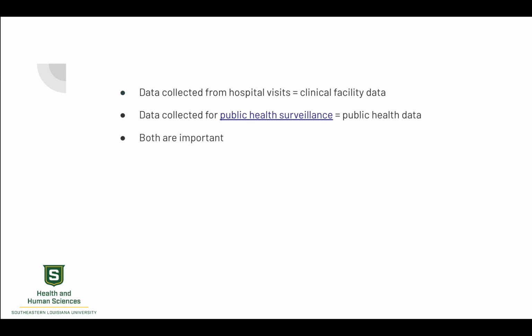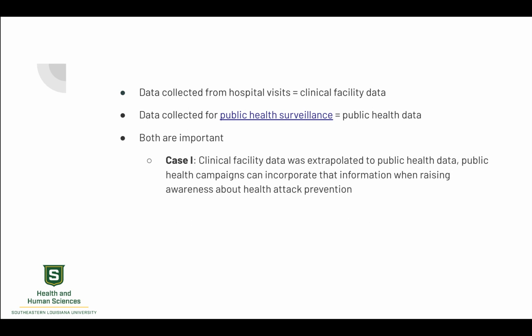At the end of the day, both types of data are very important, and you can have them both working hand in hand. With case one, the one with the Mediterranean diet, the information may be coming from a clinical facility, but it can get extrapolated to public health, whereby you can have public health campaigners use that information when they are trying to raise awareness about preventing heart attack.